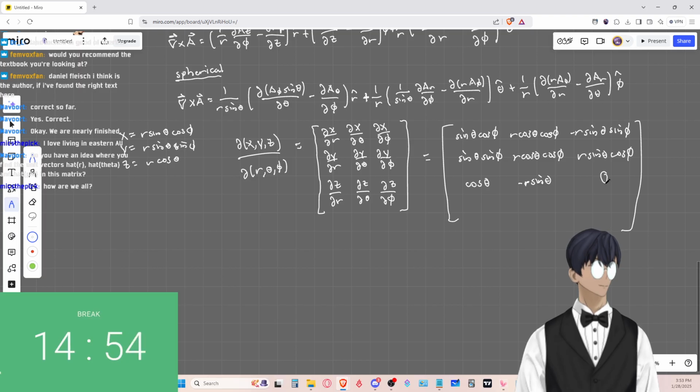Do you have an idea where to find the unit vector hat r, hat theta, and hat phi in this matrix? I mean, they do look like them, I will say that for sure.